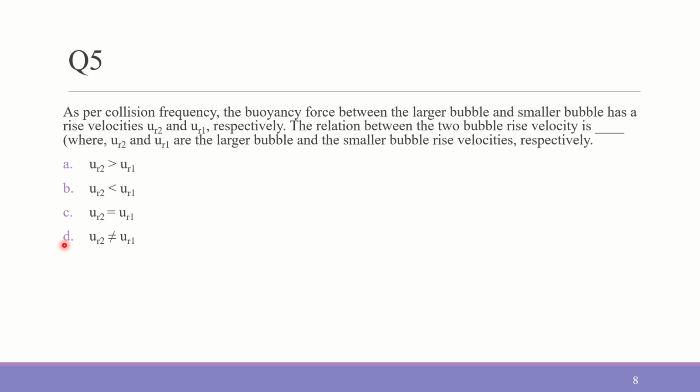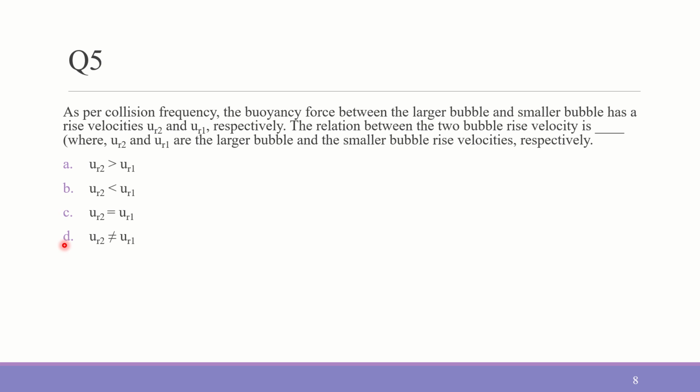As we have seen, the motion of the bubble is directly proportional to the diameter of the bubble, right? If the larger bubble has larger diameter, its rise velocity will also be larger. So ur2 will be larger than ur1.